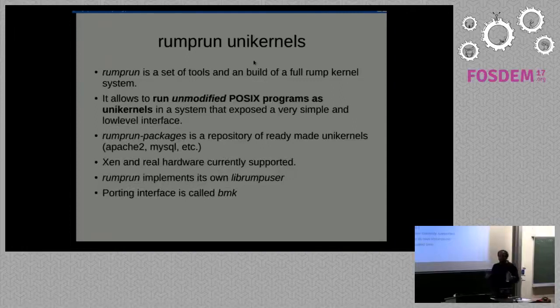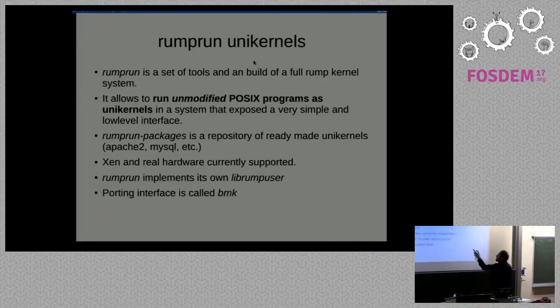But it turns out not, because in order to run, it needs its own implementation of librumpuser. What rumprun does is create an interface called BMK, and that's what you need to implement. It's much more low level and much closer to the real hardware. It looks more like a paravirtualized interface. It's quite strange.